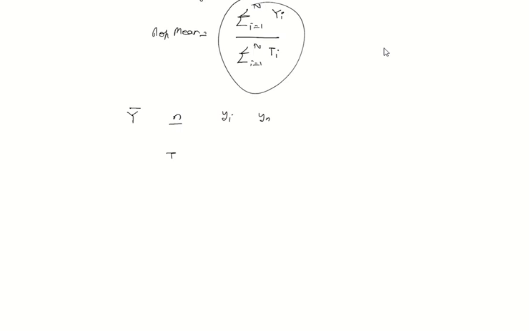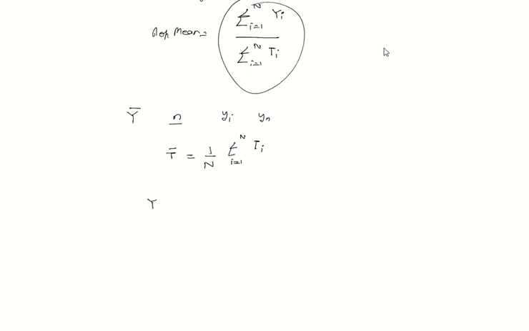The t bar is going to be 1 upon n summation i equal to 1 to n ti. This is the average cluster size of the population.